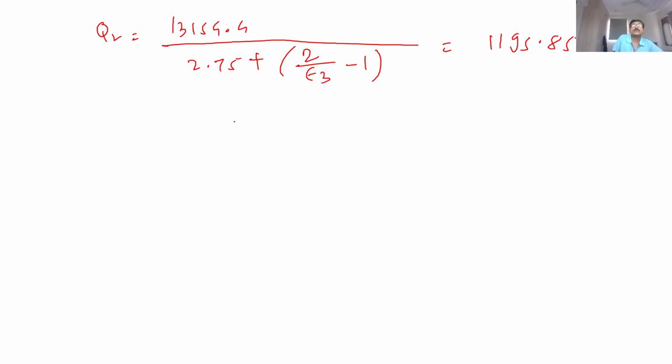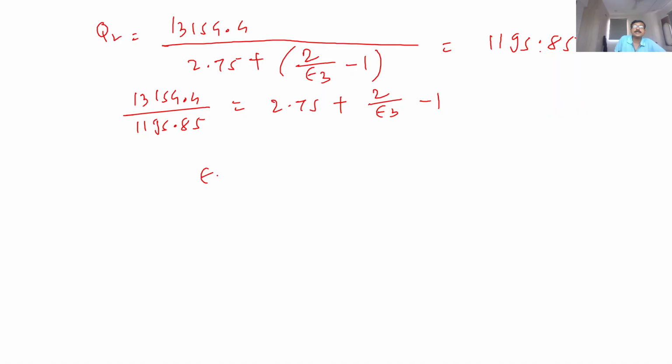Okay, so if I bring this 1195.85 to this side and this goes to the right, what will this be? 13154.4 upon 1195.85 is equal to 2.75 plus 2 by epsilon 3 minus 1. And if you solve this, the answer becomes epsilon 3 equal to 0.2162. So solve step by step and you will get the answer on the calculator.